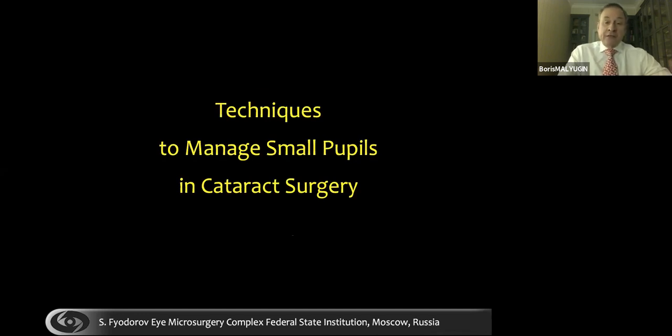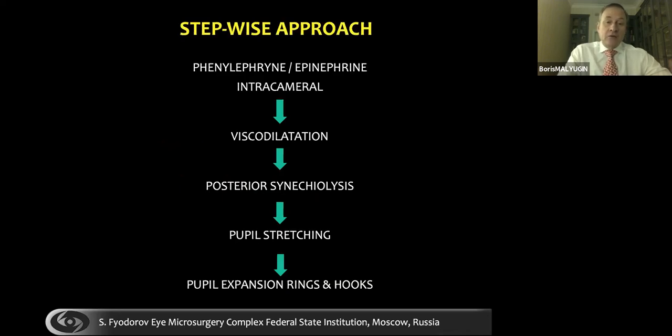There are several techniques that can be used to manage small pupils in cataract surgery. I do think that a stepwise approach is the most logical and appropriate one. We start with, of course, topical mydriatics, but we also follow with the intracameral injection of phenylephrine or epinephrine into the anterior chamber, followed by viscodilatation, because we know that the deepening of the anterior chamber actually increases the size of the pupil.